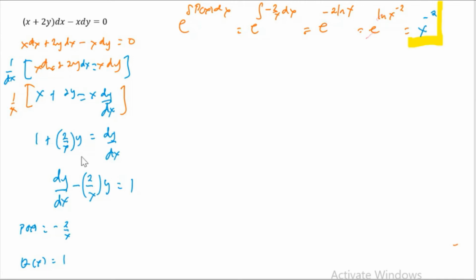Now, since this is linear in y, the equation we have is y e raised to the integral of p of x dx is equal to the integral of q of x times e raised to the integral of p of x dx, dx.